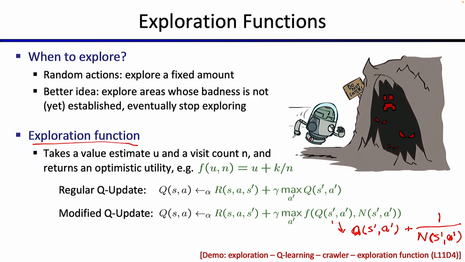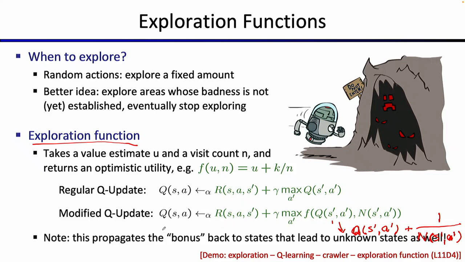And again, automatically, I guess the other bonus is that just as we were propagating rewards back, putting this bonus into our Q updates will propagate these exploration bonuses back as well.